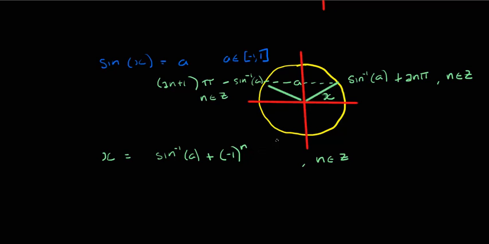When it's even, so I've got that in the wrong way. Yeah, that's not what I want. So what I'll say is n pi plus -1 to the power n inverse sine of a. Hey, that works. N's an element of z, but I'll write it again here.